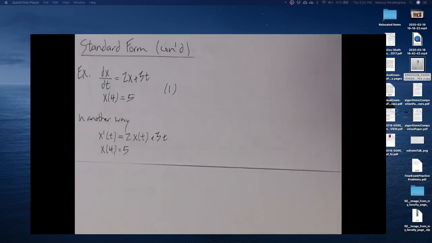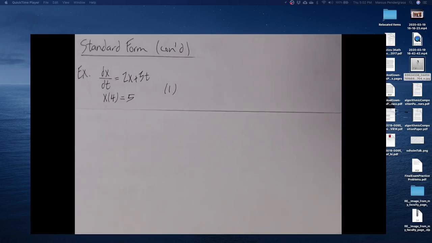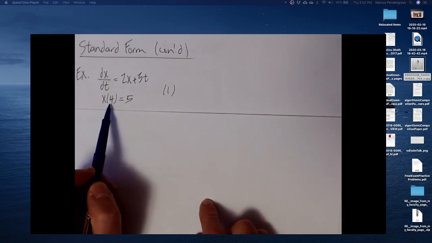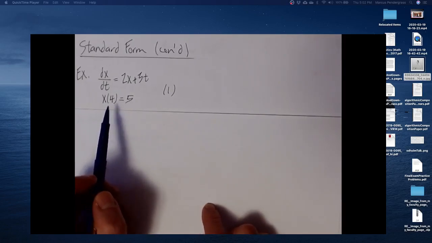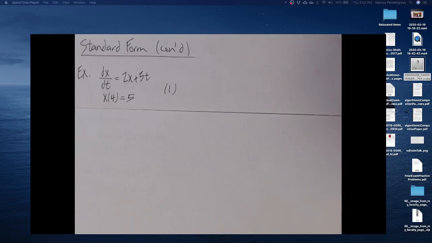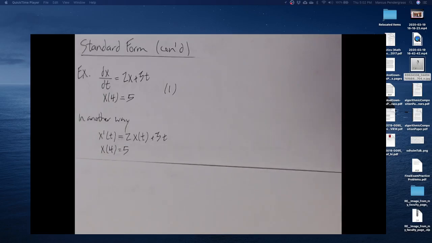Now, to transform this, we want to write down an equivalent problem in which the initial condition is at time t equals 0 instead of time t equals 4. To think about that, let me write the problem down in prime notation: x prime of t equals 2 times x of t plus 3 times t, and x of 4 equals 5.